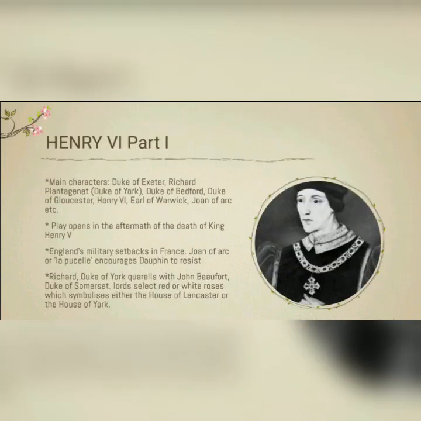Now, we are going to have an in-depth analysis of the historical play Henry VI. The main characters of Henry VI Volume 1 are Duke of Exeter, Richard Plantagenet, who is the Duke of York, Duke of Bedford, Humphrey of Lancaster, Duke of Gloucester, Henry VI of England, Earl of Warwick, the legendary Joan of Arc, to name a few.